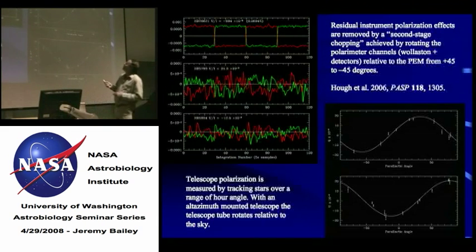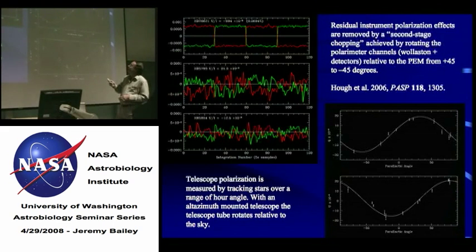And this is the sort of results that come out of it. This is looking at what we call the second stage chopping signal. So we modulate the light rapidly using the photoelastic modulator, but then we also rotate optical elements within the system to reverse the sign of that modulation every couple of minutes or so.